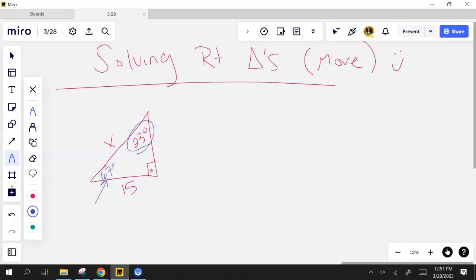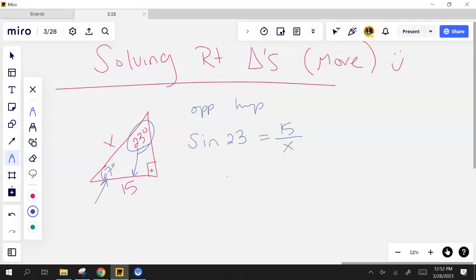So if I'm looking at this angle, I have the opposite, and I need what? The hypotenuse. What trig function deals with opposite and hypotenuse? Sine. So let's set up an equation. The sine of 23 equals... down as the opposite because there's already a number there.